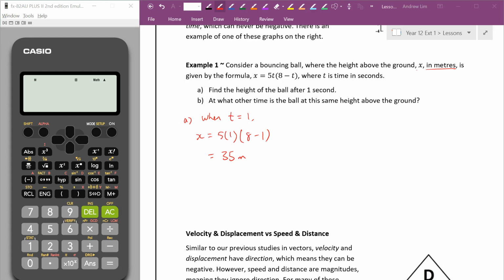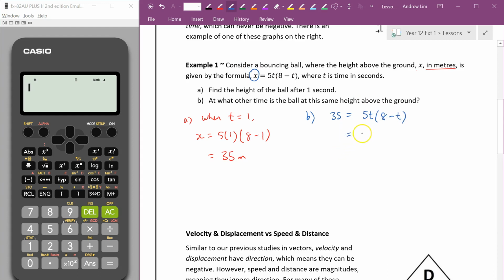Question B. At what other time is the ball at the same height above the ground? Why don't you pause the video and have a go with this one? So question B. When is it also 35 meters? I'm going to sub 35 where x is. That's going to equal 5t(8 minus t).